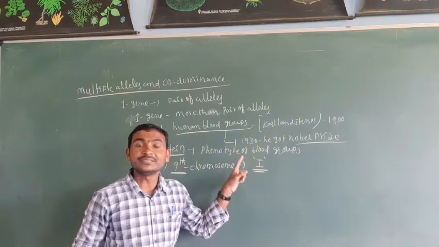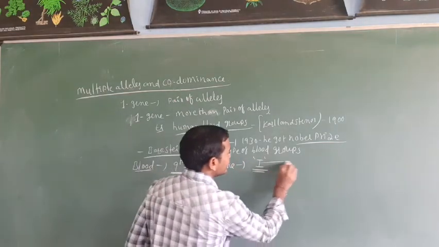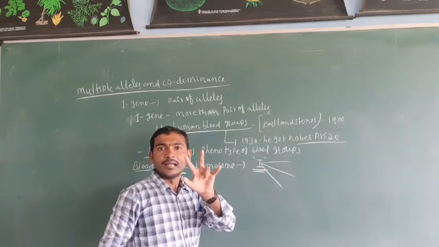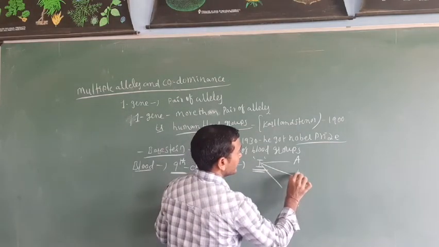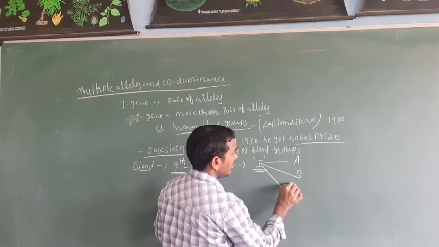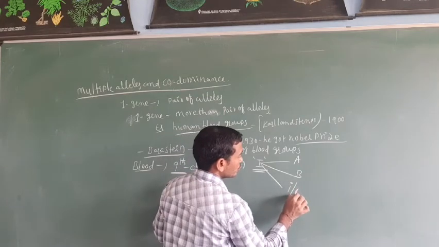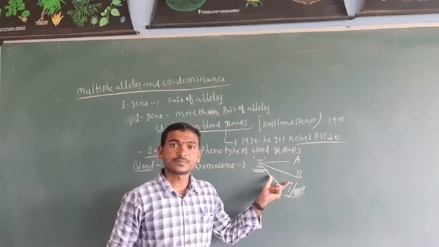How many alleles are there in the I gene? There are 3 alleles: I A, I B, and I O.